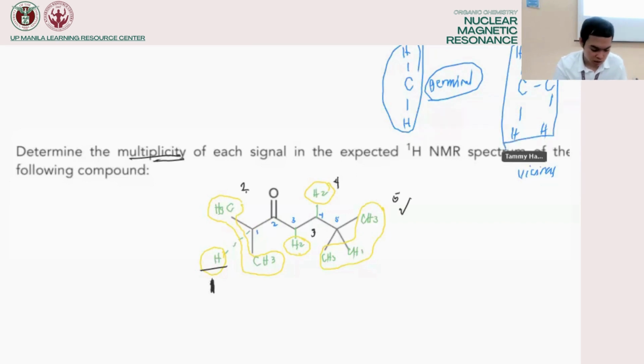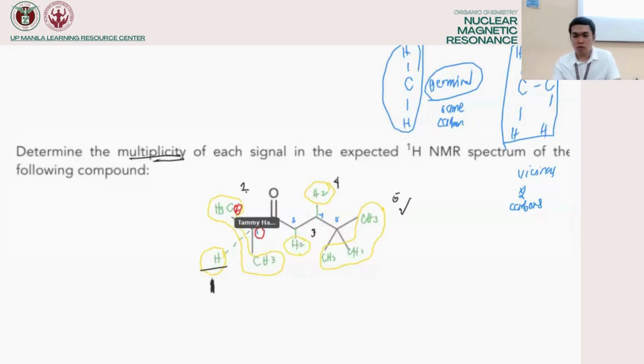So in this case, ito, same carbon, ito, 2 carbons. Diba? So when we count, 1, 2. So pwede pa, neighboring atoms niya to.